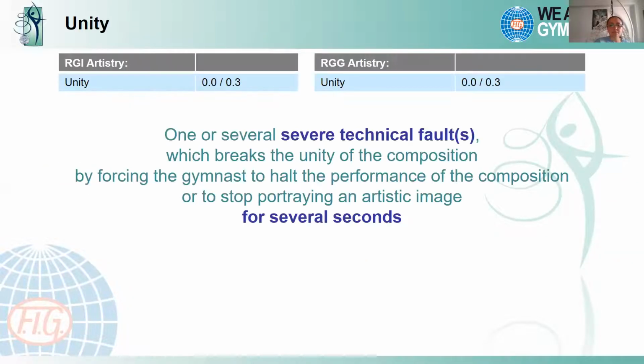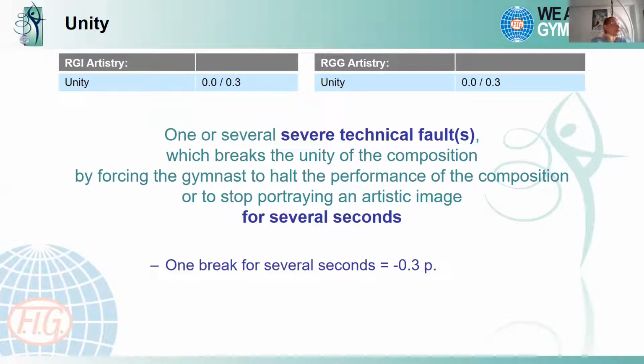Unity. It's one or several severe technical faults which break the unity of the composition by forcing the gymnast to hold the performance of the composition or to stop portraying an artistic image for several seconds. So we need to have an artistic image for the whole exercise. This is unity.